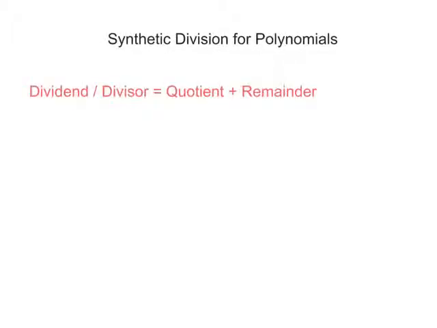Now here's some terminology that we're going to be using as we talk about these division problems. When you do a division problem, you have a dividend that's divided by what's called the divisor. Your dividend is what's divided into, your divisor is what's divided by. So for example, if you were to have 16 divided by 4, the dividend here is 16. The divisor is 4.